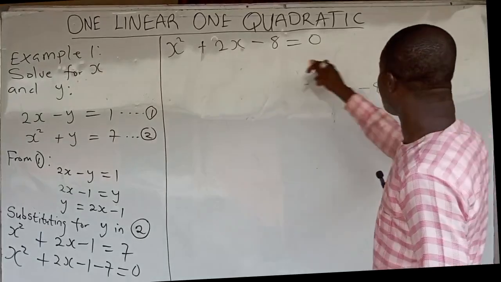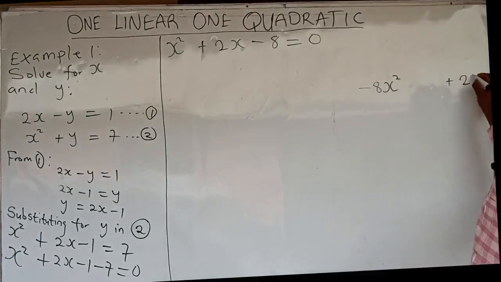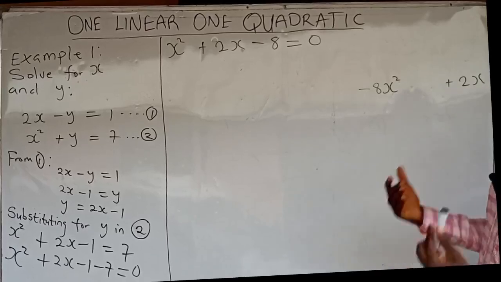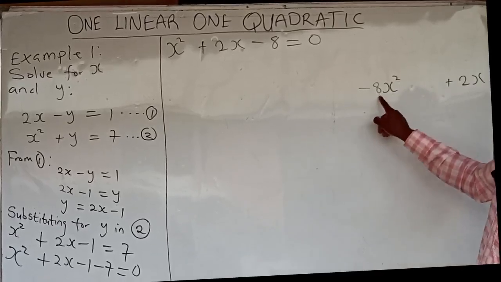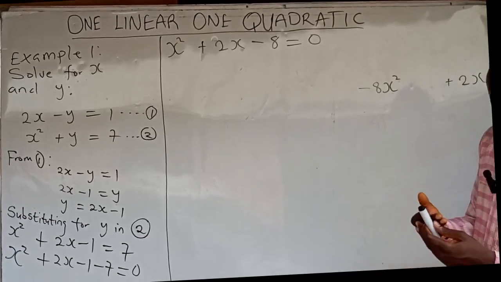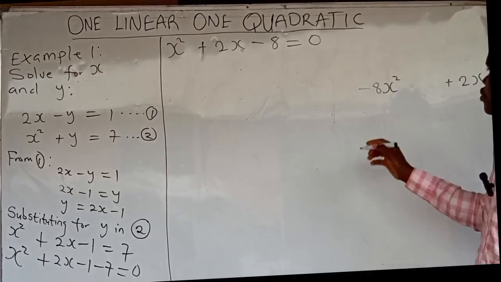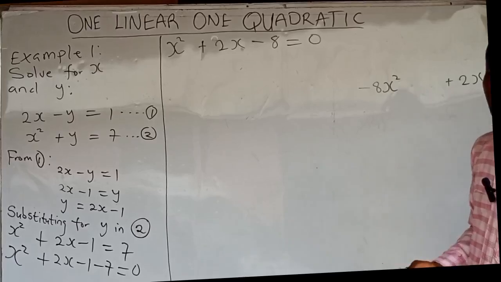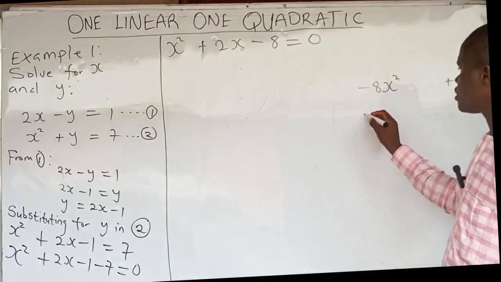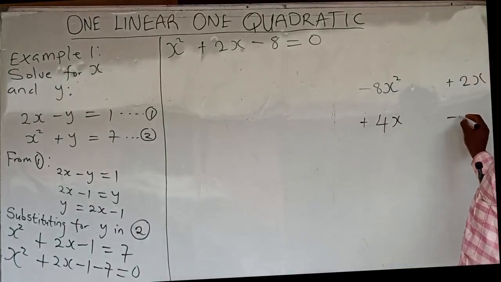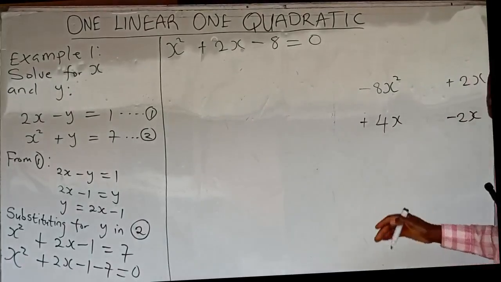Then here I have plus 2x. The next thing to do is to look for two numbers that when you multiply them together, you get minus 8, and when you add them together, you get plus 2. The two numbers that will give us this result will be plus 4x and minus 2x.